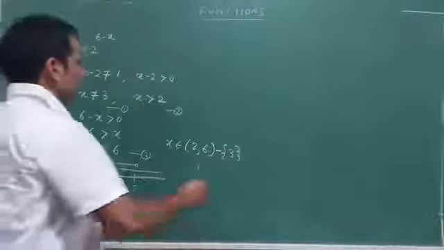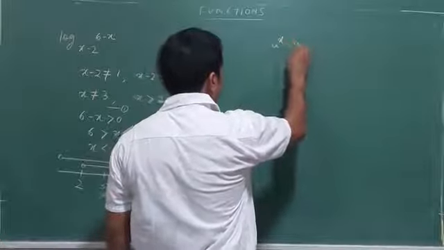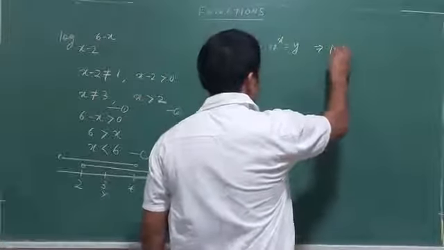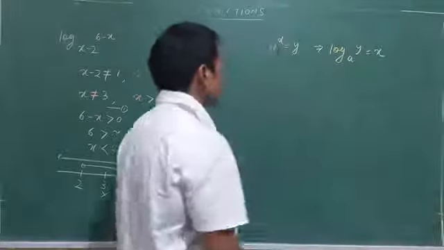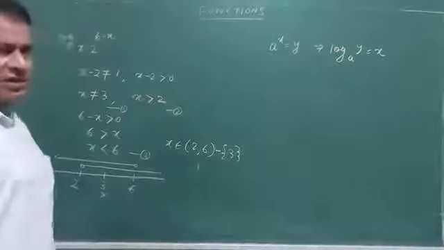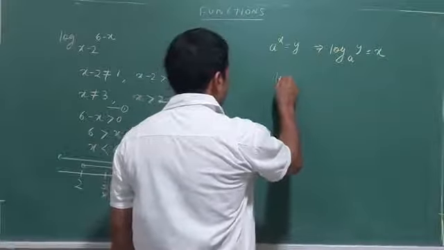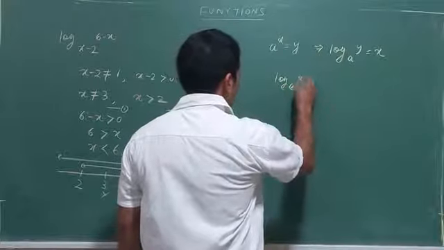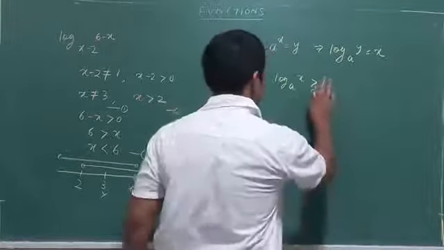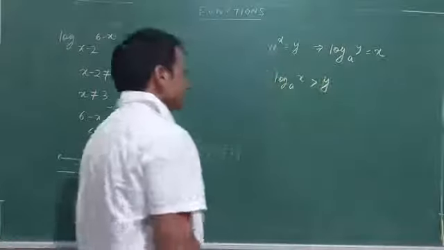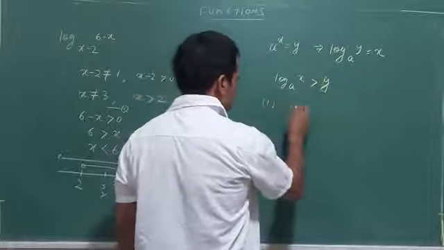Next condition. Suppose a to the power x is equal to y. Then we know that log base a of y is equal to x. Now if log base a of x is greater than y, then two conditions arise.